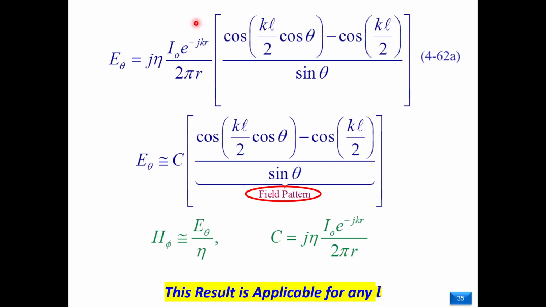When we normalize to this common factor here, this will be the field pattern. If we are to draw the radiation field pattern, we're going to use this one. If we need to draw the power radiation pattern, we use the square of this term. And so far we didn't do any approximation in the current distribution, so this derivation is applicable for arbitrary lengths.